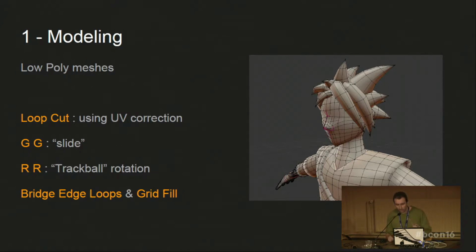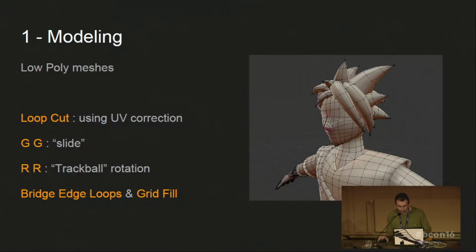But I will focus on the asset creation part only, so the modeling, texturing and animation tools, but not the Blender game engine. To create my 3D models, I have a very low poly approach, and I use very basic tools, but I hope I will show you a few minor tweaks that you can use to boost your creation.